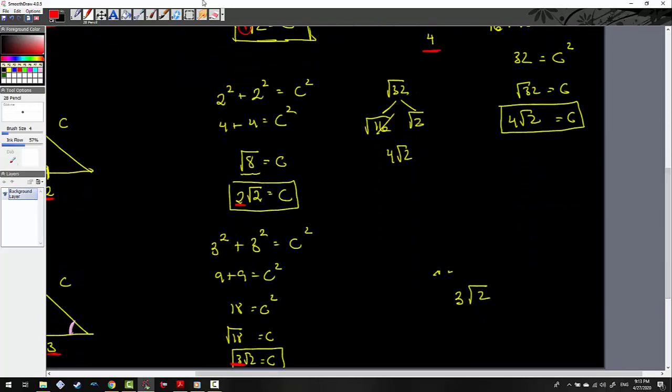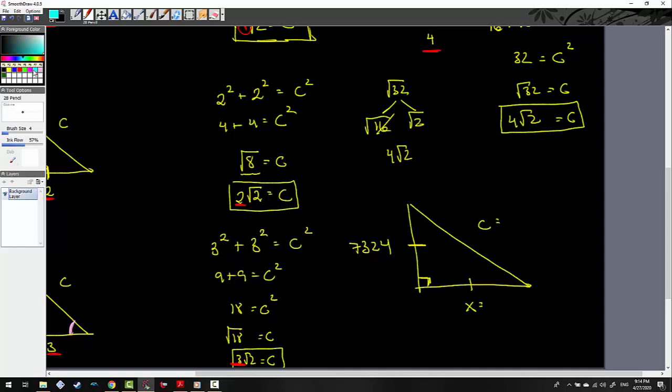So without doing the Pythagorean theorem, because squaring these numbers would be really, really painful, if I gave something like this last triangle here, and again, the tick marks identify the sides being the same. The square here identifies it being a right triangle, so we're dealing with an isosceles right triangle. 7,324, and I wanted you to solve for c, and while we're at it, why don't we go ahead and solve for x at the same time?